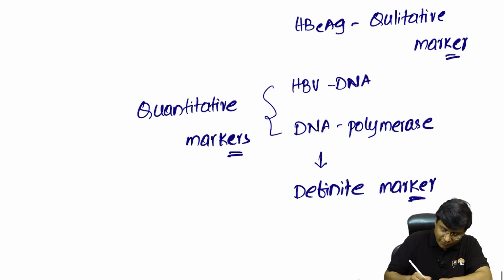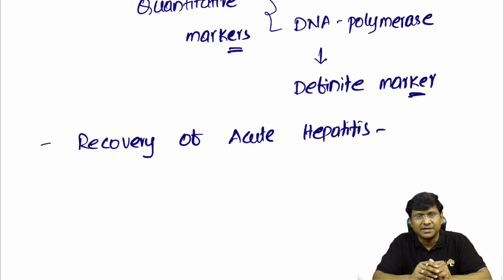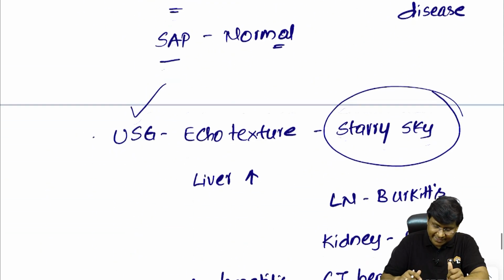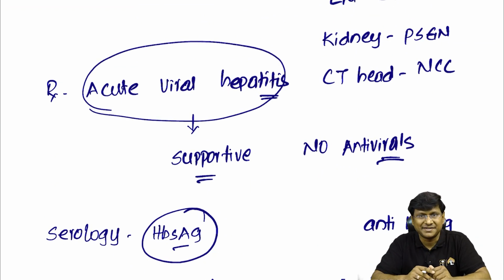Okay, then followed by that, you take the recovery of acute hepatitis. Whenever there is recovery from acute hepatitis, you need to understand that it is the acute viral hepatitis which will progress to chronic viral hepatitis.